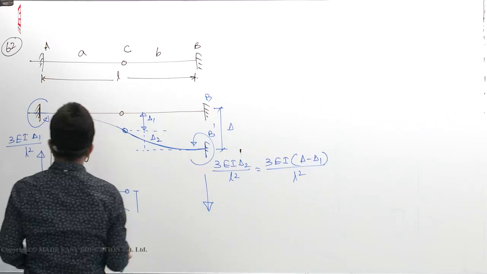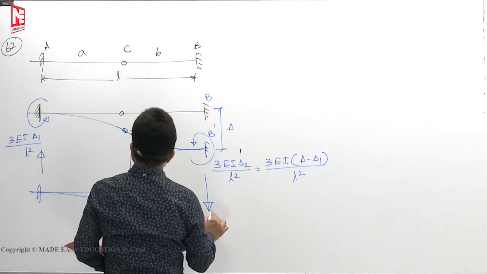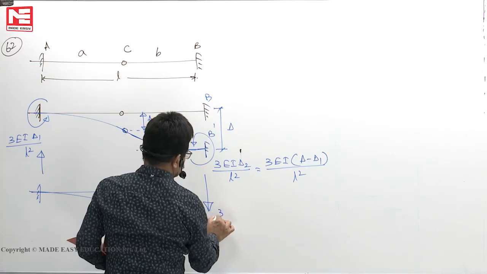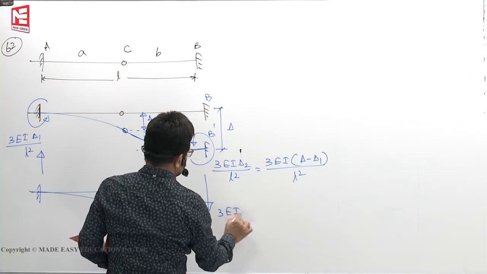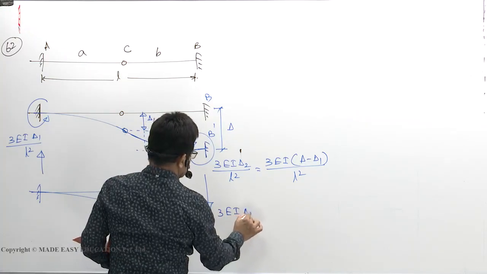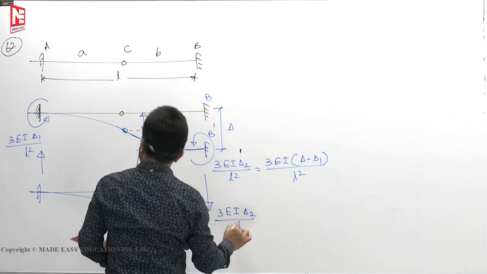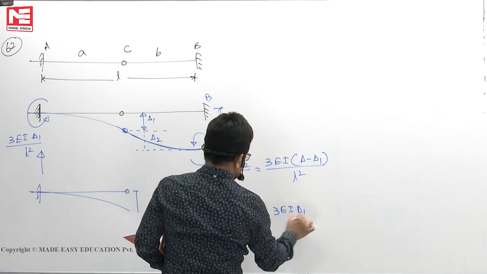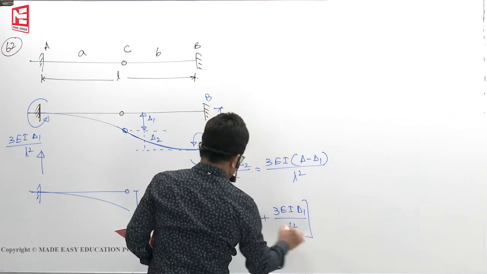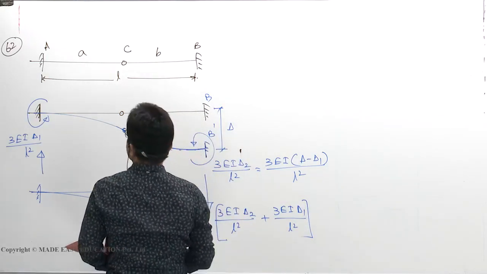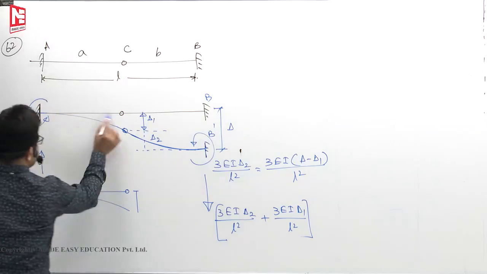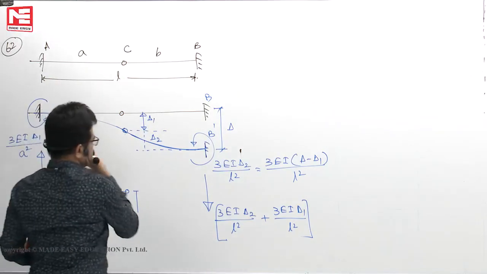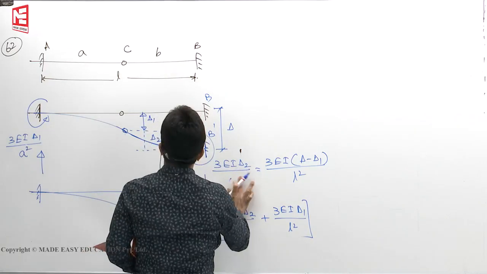The reactions are M by L. Net reaction here you will get 3 EI delta 2 by L square plus 3 EI delta 1 by L square, not L square, this is A square, 3 EI delta 1 by A square. This is 3 EI delta 2 by B square.